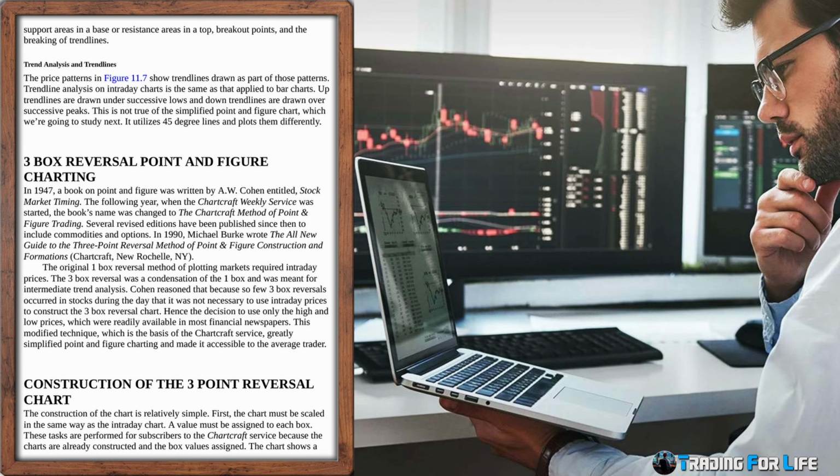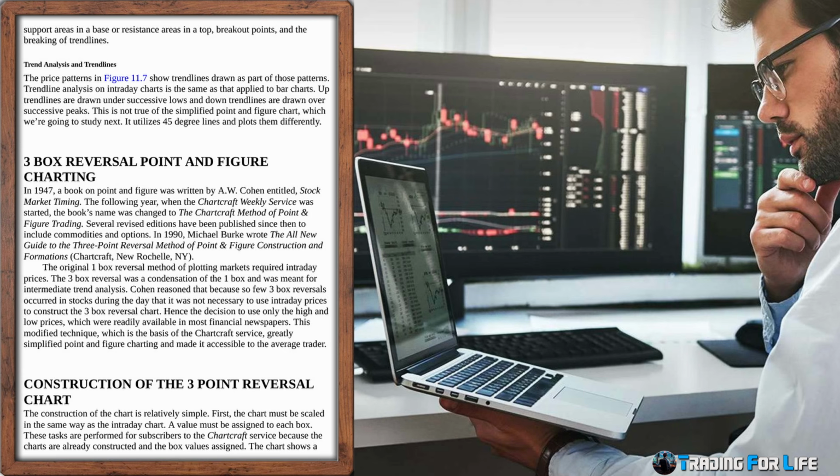Cohen reasoned that because so few 3-box reversals occurred in stocks during the day, it was not necessary to use intraday prices to construct the 3-box reversal chart. Hence the decision to use only the high and low prices, which were readily available in most financial newspapers. This modified technique, which is the basis of the Chartcraft service, greatly simplified point and figure charting and made it accessible to the average trader.